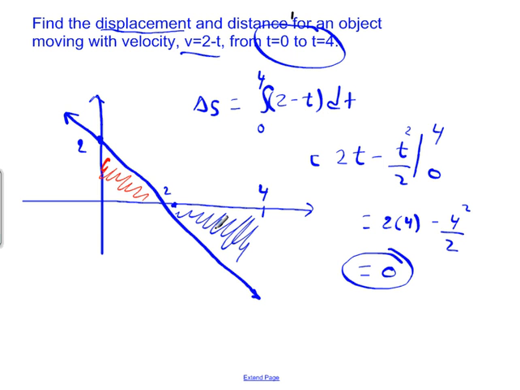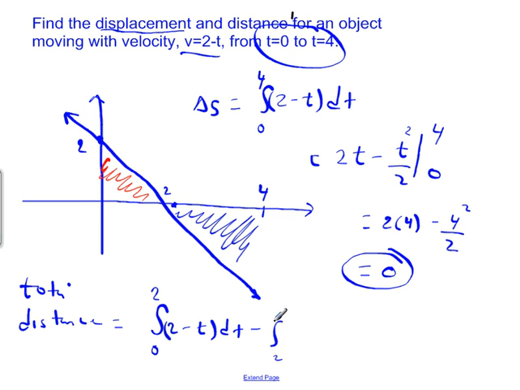But what about the distance that I walked over that time? Well, our total distance would be the integral from 0 to 2 of 2 minus t dt minus the integral from 2 to 4 of 2 minus t dt.